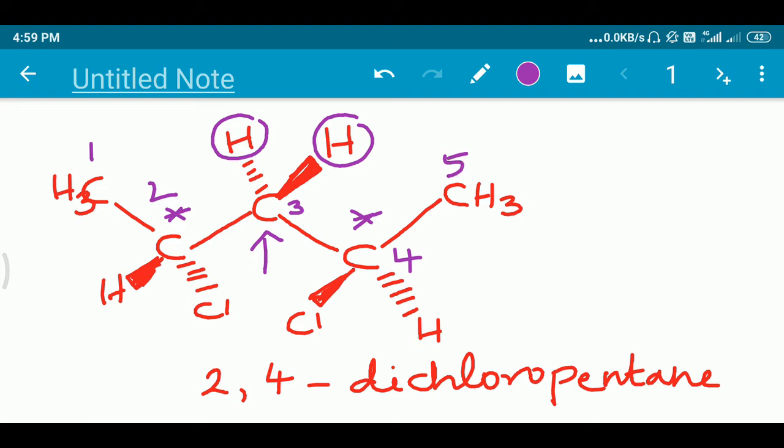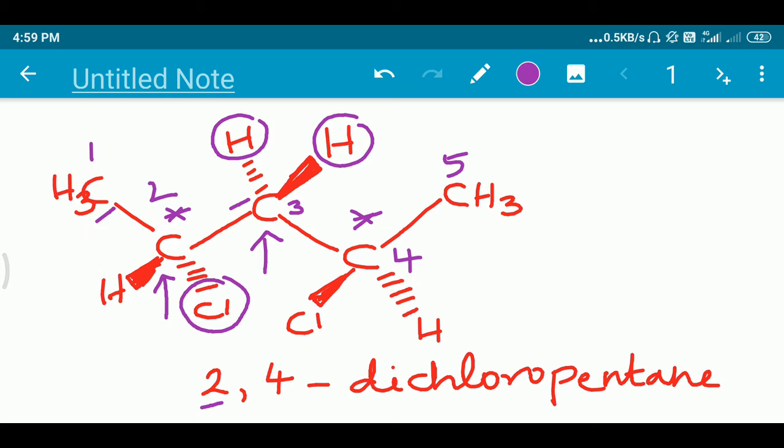and if we look into carbon number 2, so this carbon, and when we try to assign the priority to the atoms or groups using the Cahn, Ingold and Prelog rule, our first priority goes to chlorine. The second priority, we have two carbons, therefore we have to check the other atoms attached to this carbon.